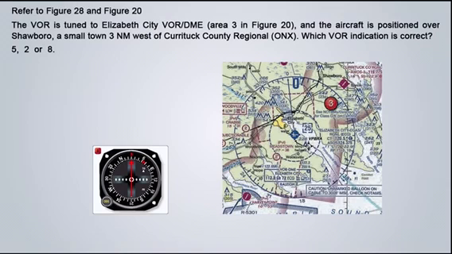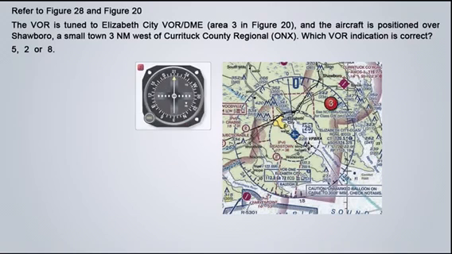This means that to head directly to Elizabeth City VOR, we would need to fly a heading of 030, a north-northeasterly heading. So now let's draw that north-northeasterly heading of 030 towards the VOR on the chart and see if the town of Shawboro is somewhere on that line. As you can see, it's quite evident that Shawboro is nowhere close to that line, which means that VOR number 8 cannot be our correct VOR.